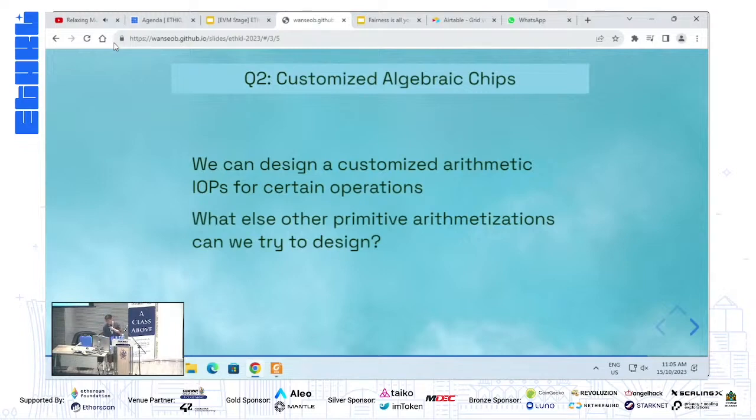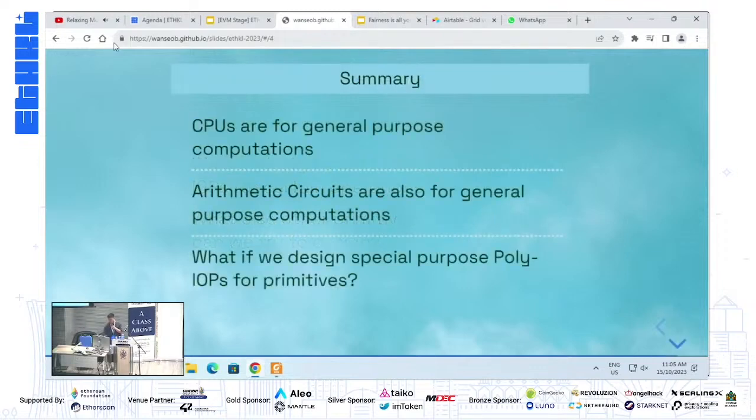So the summary of these questions is that CPUs are for general purpose computations, and zero knowledge proof circuits, the arithmetic circuits, are also for general purpose computations.